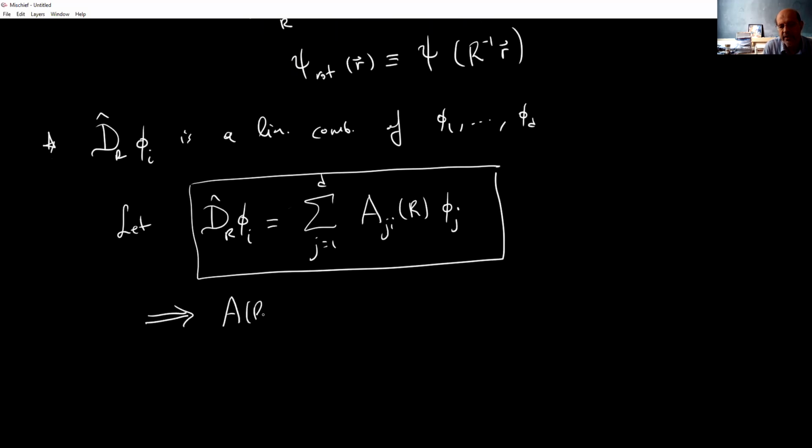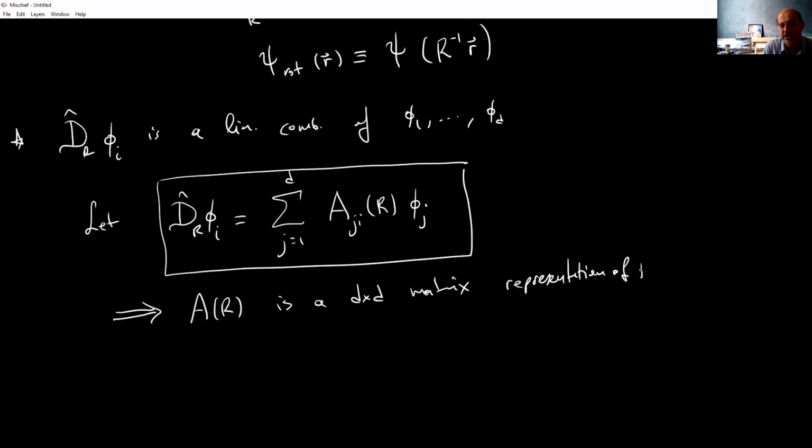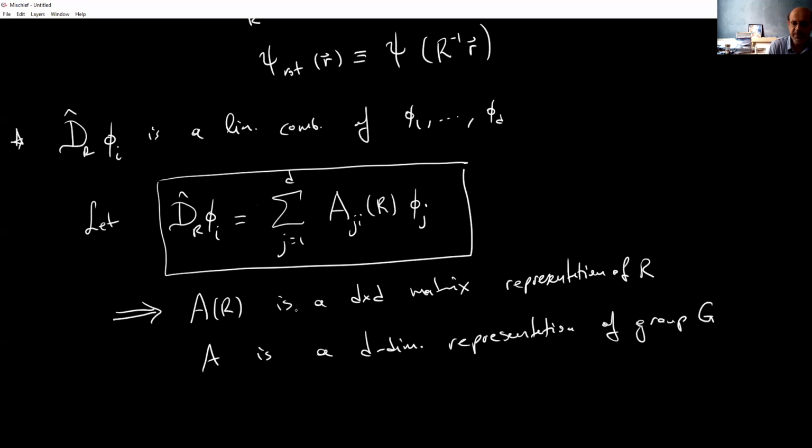A(R) is a d by d matrix representation of the rotation R. So A is a d-dimensional representation of the group G. We don't have a representation of the group O(3).